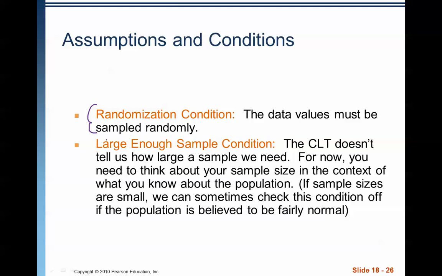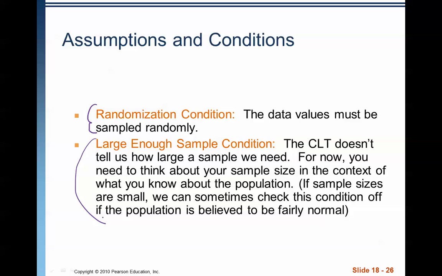Okay. We also have a sample size condition, and we need to say that it's large enough. For right now, we just need to say that it's large enough. We will go into more detail on this when we look into the quantitative data techniques that we're going to look at in chapters 21 through 24.